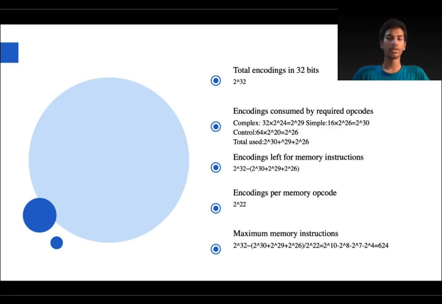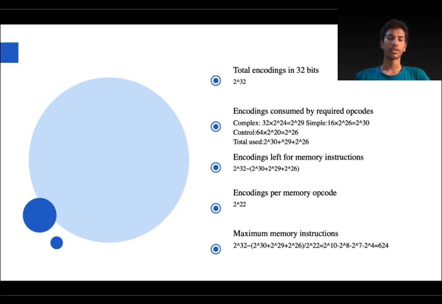Coming to simple instructions, there are 2 registers, so 256 squared into 2 power 10, since there is a 10-bit immediate value. So totally 2 power 26 per opcode, and we have 16 such opcodes. So total instructions are 16 into 2 power 26, which is 2 power 30 simple instructions.